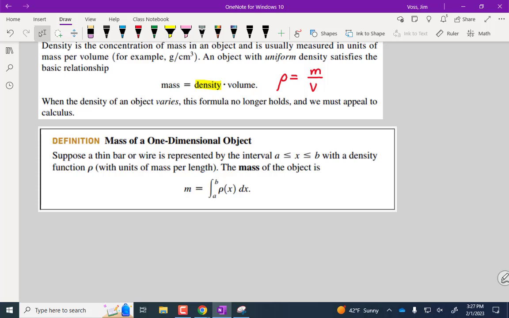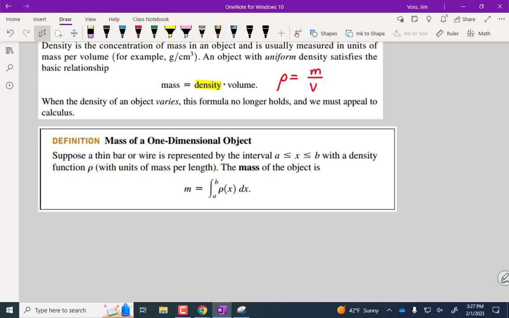And in the three variable case, if you had mass per unit of volume, you would need a triple integral, which we are not doing in here. That will be left for Calc 3. If you are dealing with the two-dimensional density problem, you would still have to integrate, but you would have to do a double integral.